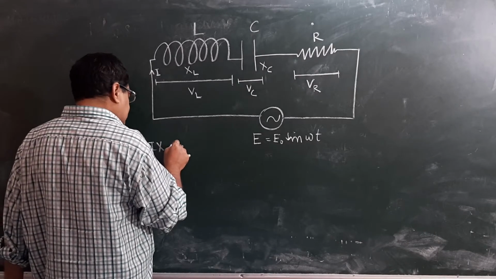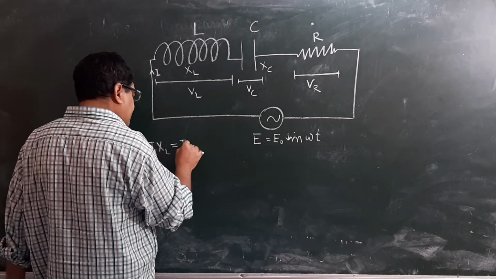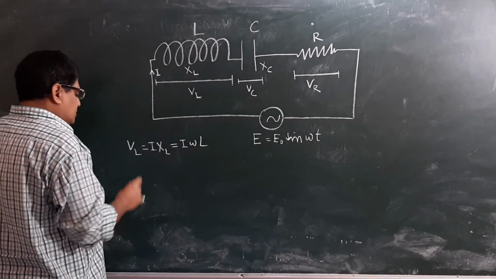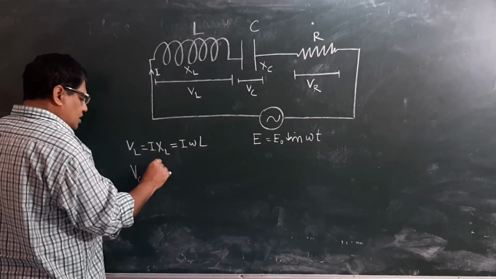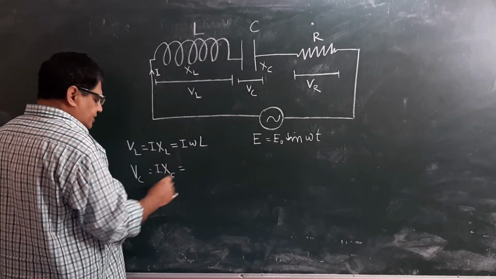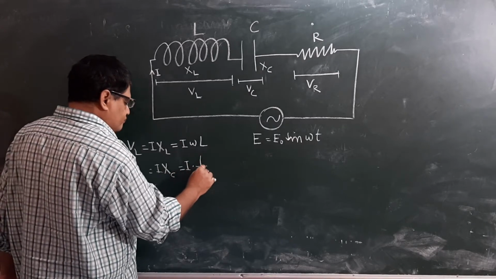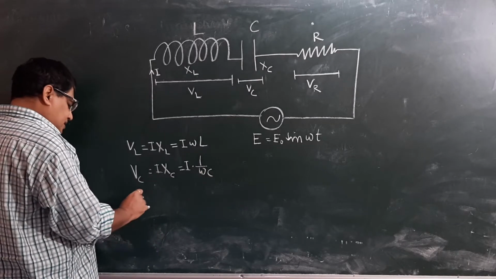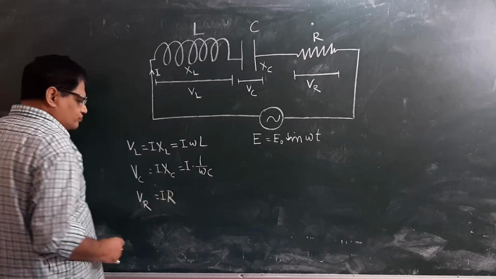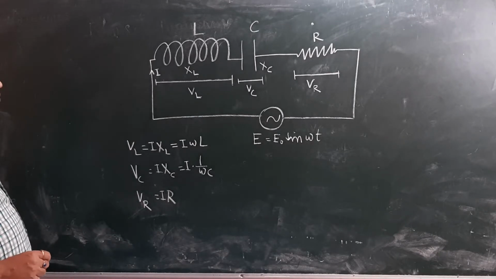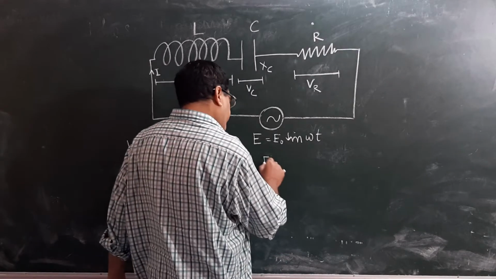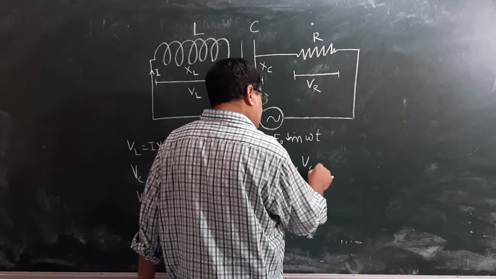And you know the formula for XL, so this can be written as I multiplied by omega L. Further we can write VC is equal to I multiplied by XC, and XC is equal to 1 by omega C. So this term can be written as I multiplied by 1 by omega C. And similarly VR can be written as I multiplied by R. So we'll draw the phasor diagram for the voltages and find out the relation between E, VL, VC and VR.